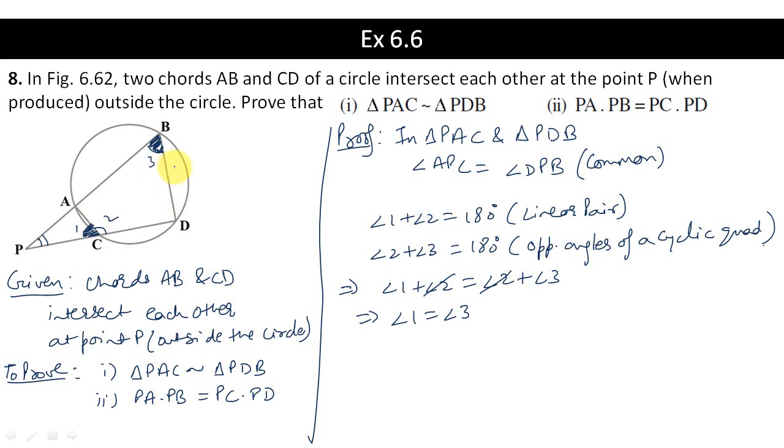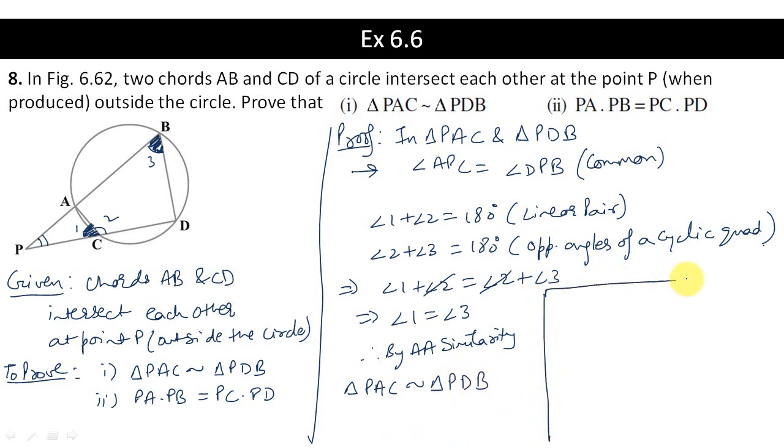So if angle 1 is equal to angle 3, this was the first condition and now this is the second condition. Therefore by double A similarity, triangle PAC will be similar to triangle PDB. And if two triangles are similar, then the sides will be proportional.